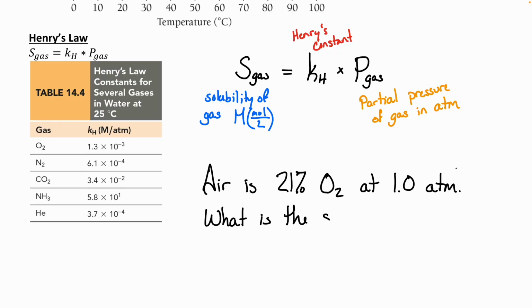What is the solubility of oxygen? So if I had a cup of water sitting out on the table right now in this room of air, which is 21% oxygen, what would be its solubility here?